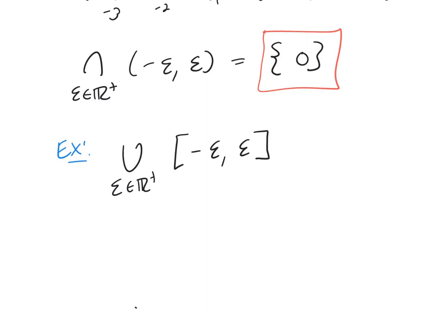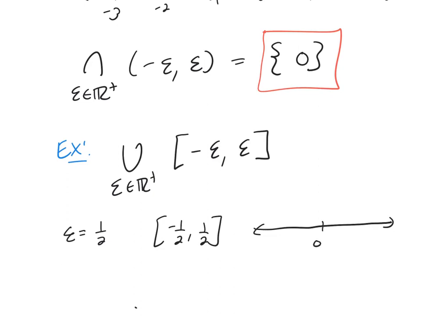So let's just stick with the ones we had before. If epsilon was 1/2, this would be negative 1/2 to 1/2. Now one thing that's changing here is that it's a closed interval now. So I do include my endpoints.